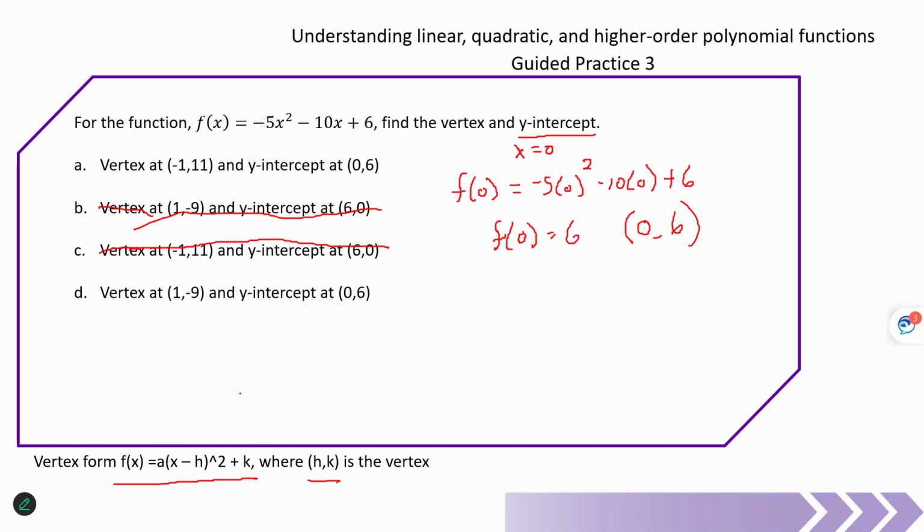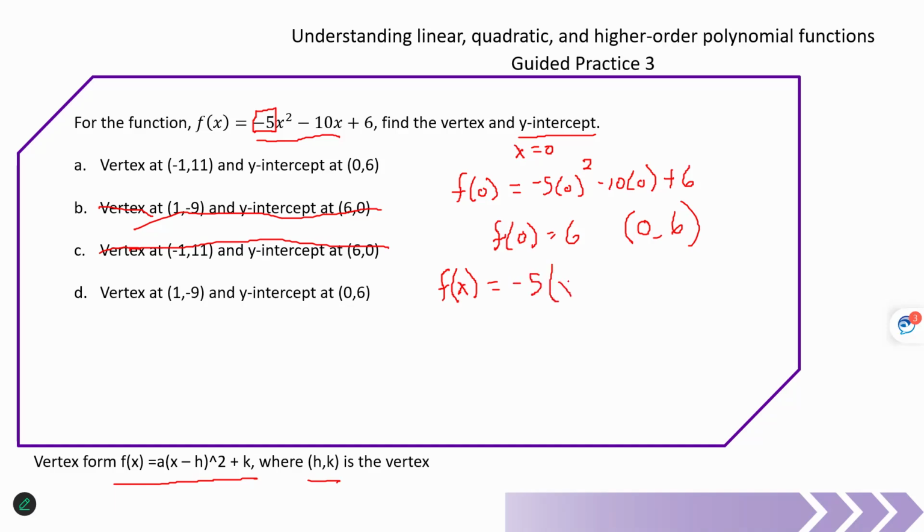Okay. So if you notice with your vertex form, the a value has been factored out of the first two terms, and you have your constant back there in the back. So we need to factor out this -5 from these two terms. All right. So we have f of x equals, I'm going to factor out a -5.